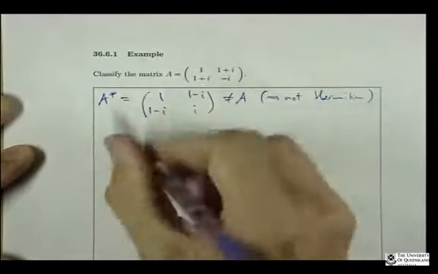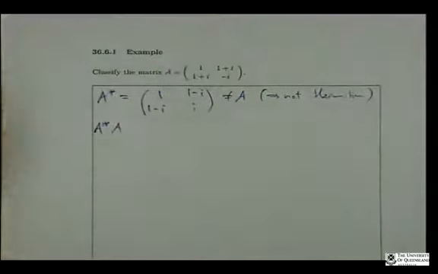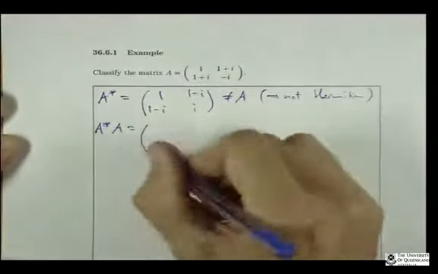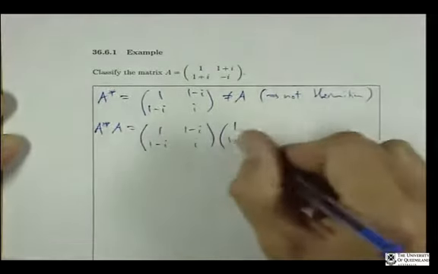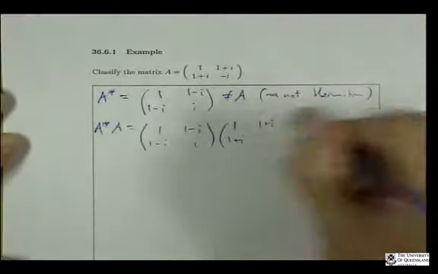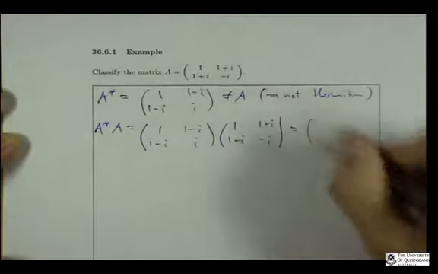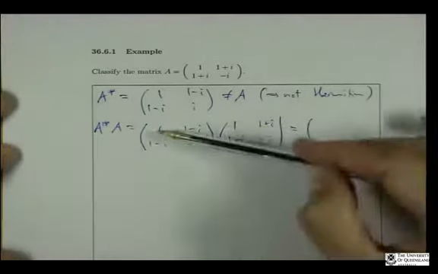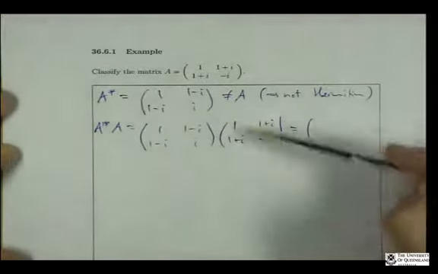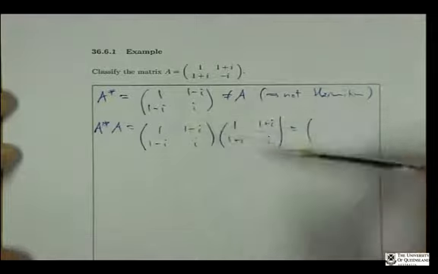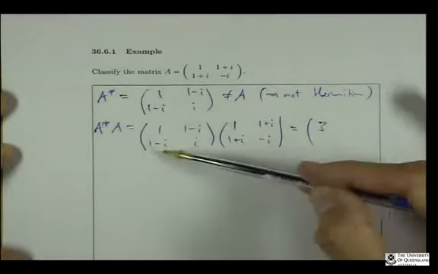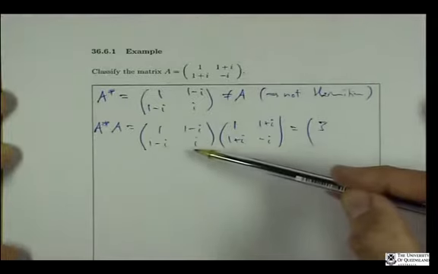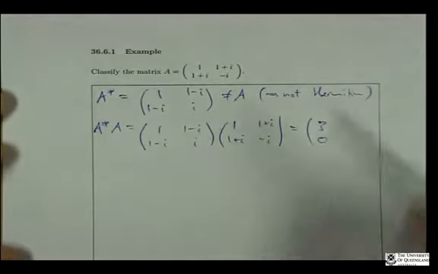All right, what if I took the product of this conjugate transpose with the matrix itself? So 1 minus i, 1 minus i, and i, multiplied by A itself. How does this work out? In the first entry we'll end up with 1 plus the difference of the two squares, 1 and i squared, so we'll end up with 3 in that entry. Here we'll take 1 minus i plus i minus 1, so that entry will be 0.